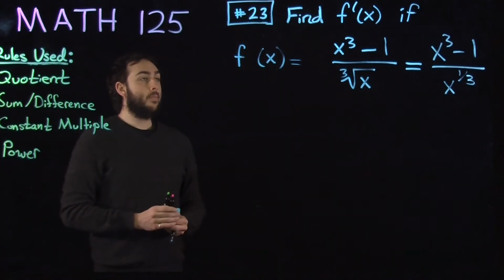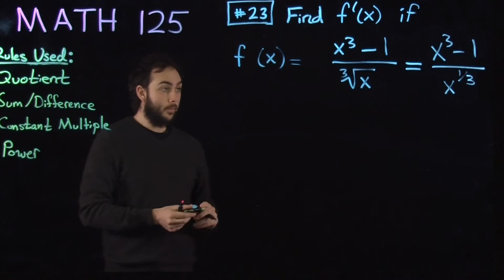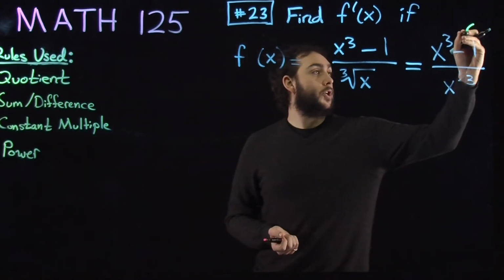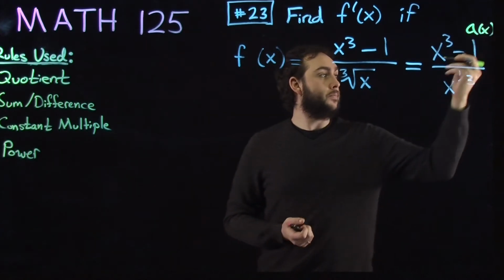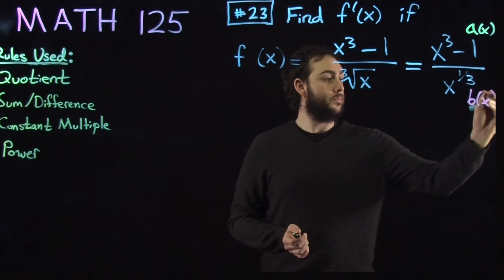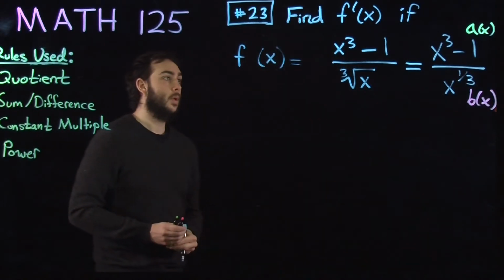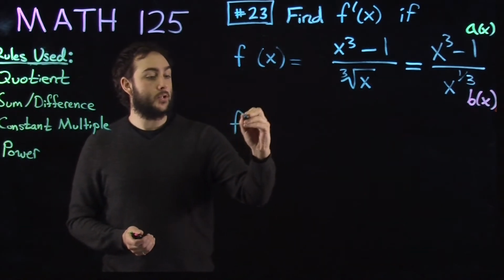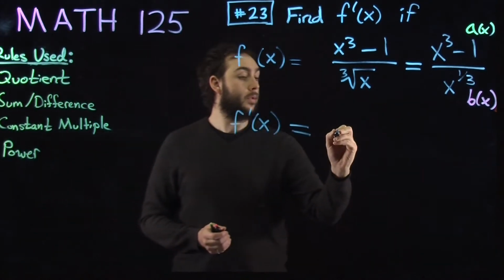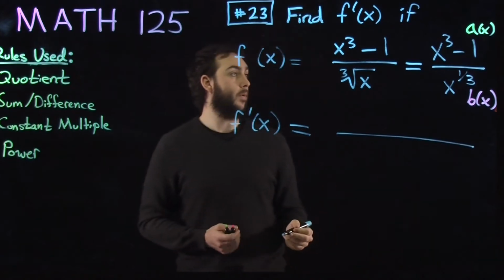So, how does the quotient rule work? Well, what we might do is we might call this numerator function a of x, and we might call the denominator b of x. So the quotient rule asserts that the derivative of f, the function we want, has the following form.